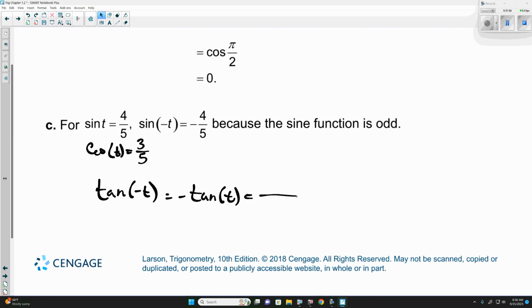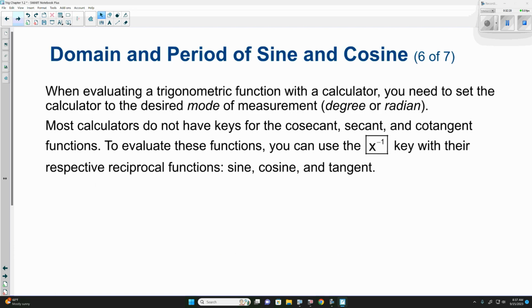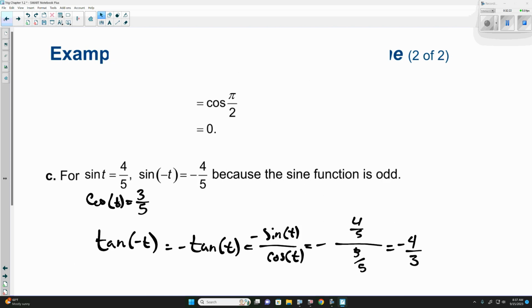Well, we know that this is going to be sine over cosine. So negative, well, sine is 4/5. Cosine is 3/5, which ends up being negative 4/3 if we plug it in. And we can do more with that.